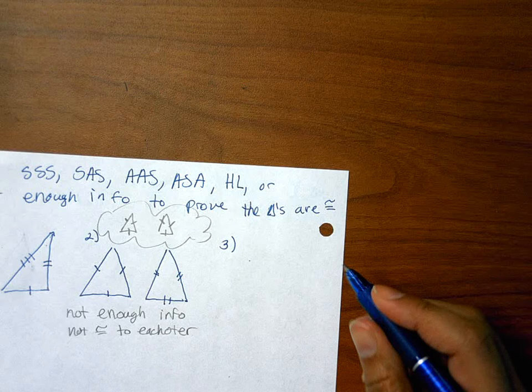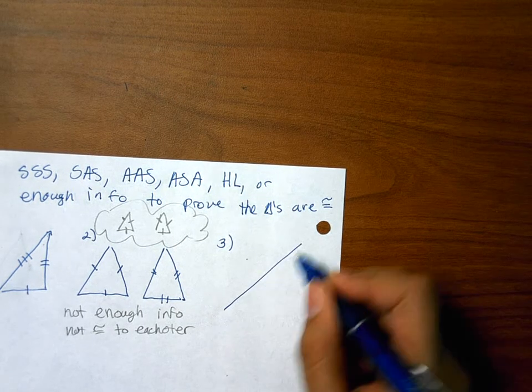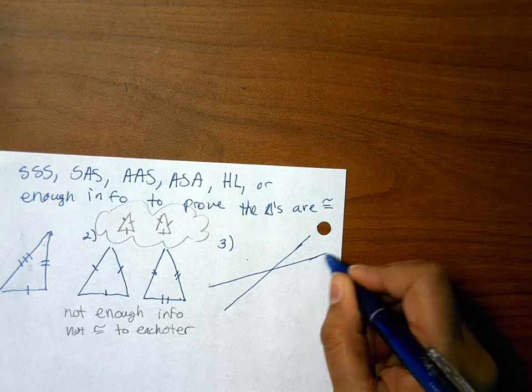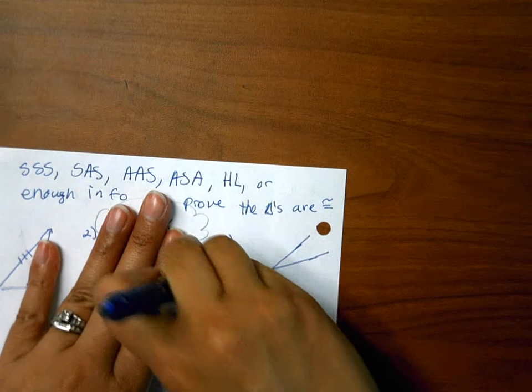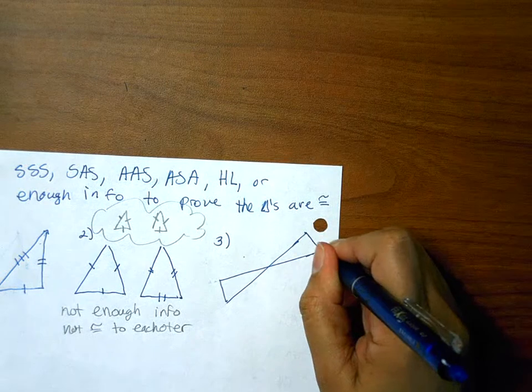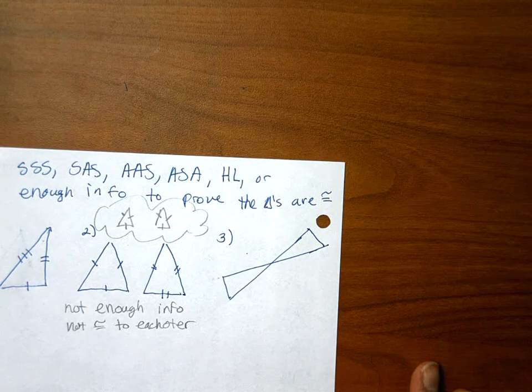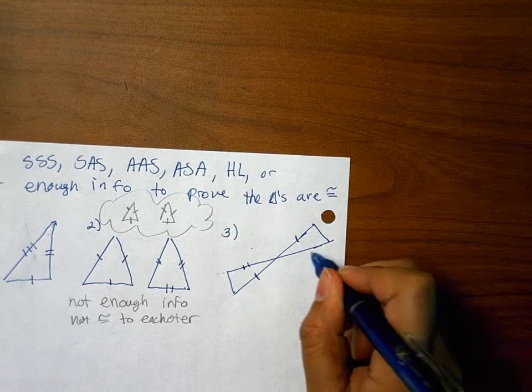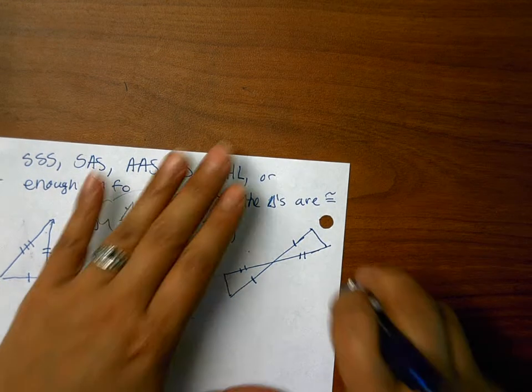Number 3. Draw a slanted X. We're going to draw a bow tie. So an X. Okay. 1, 2, 1, 2.